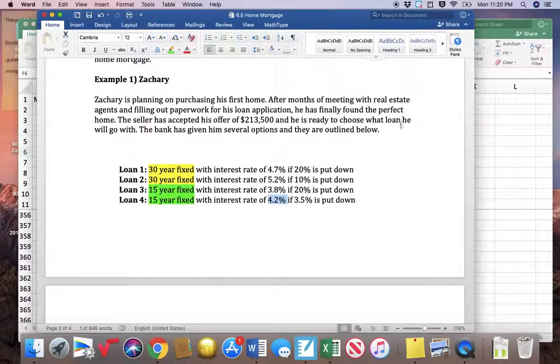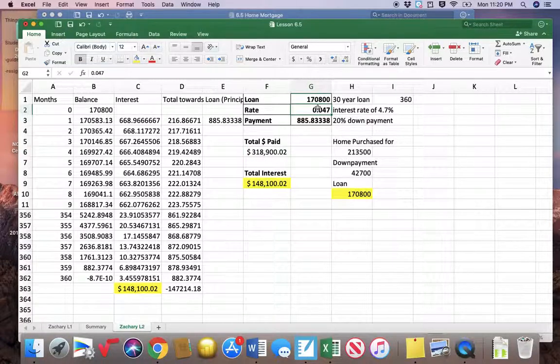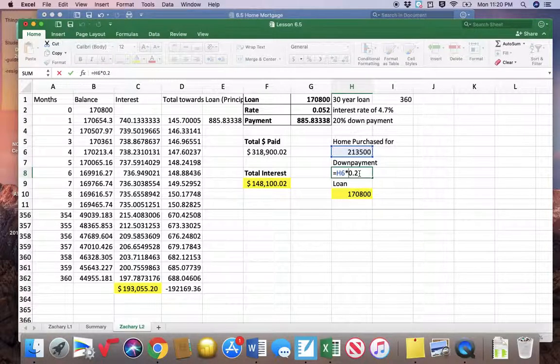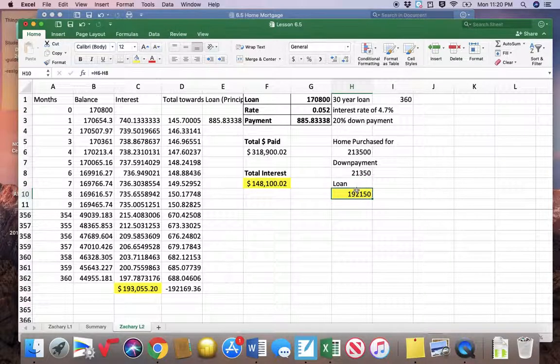I'll adjust that rate to 5.2%, so 0.052. And he's only putting 10% down. For this down payment, instead of multiplying by 0.2, I'm going to multiply by 0.1. And notice that changes the loan amount. It's higher because they only put 10% down. And I need to change this loan now to $192,150.